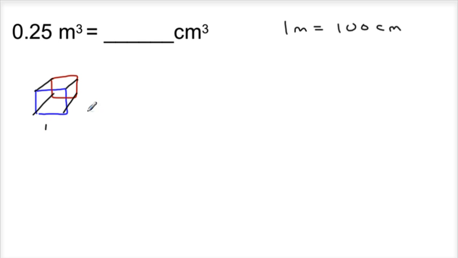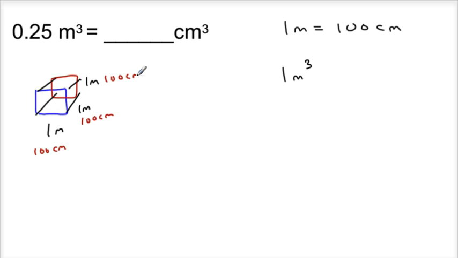So we got 1 meter times 1 meter times 1 meter is 1 meter cubed. Let's get rid of these. You just said 1 meter is equal to 100 centimeters. So it's the same thing as saying 100 centimeters times 100 centimeters times 100 centimeters.